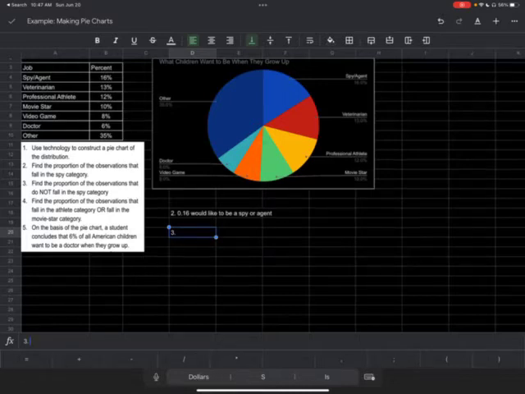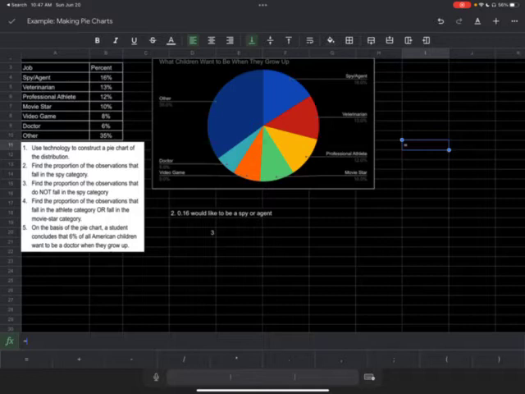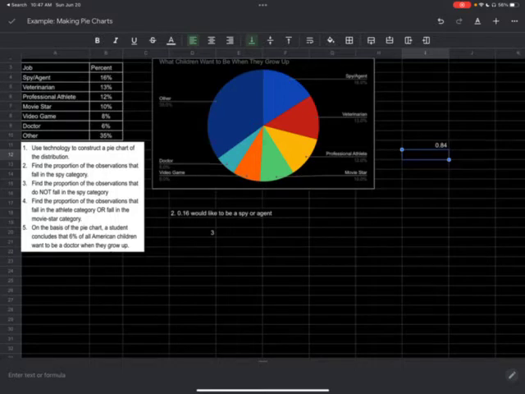I'll just do it inside a cell over here so you can see how I can do that calculation. I'm just going to hit the equal sign, and I'm going to type in 1 minus 0.16, the proportion of spies, and I'll hit equal sign, and it'll tell me it's 0.84.